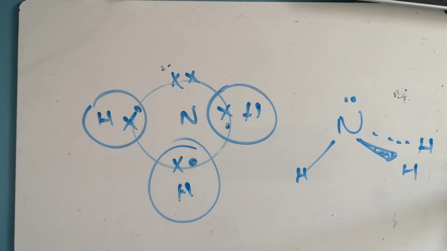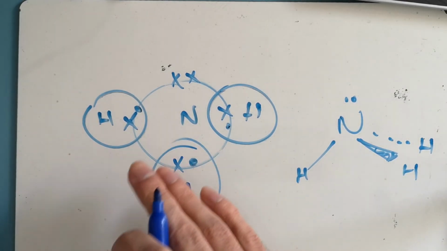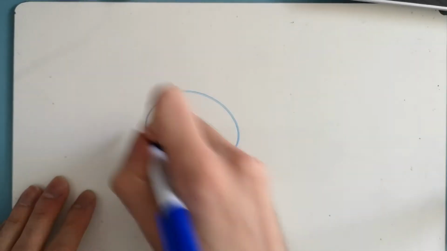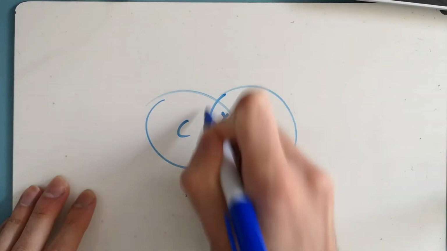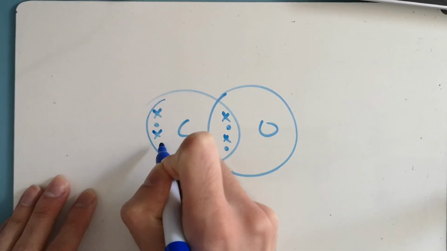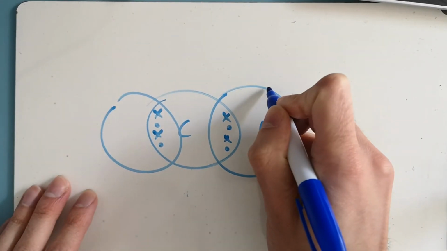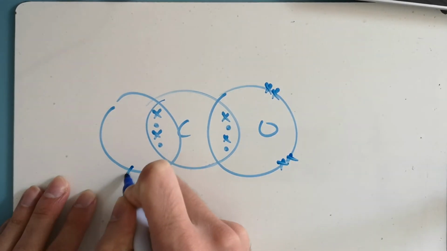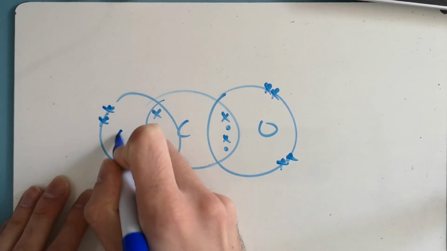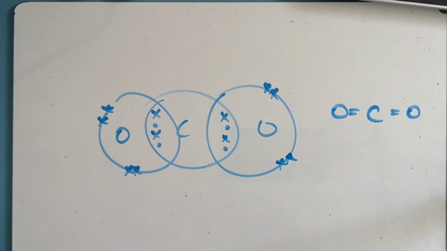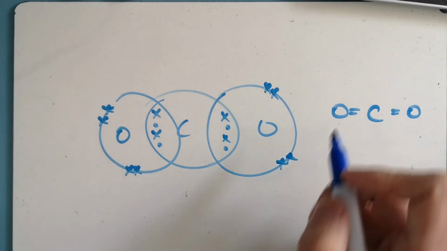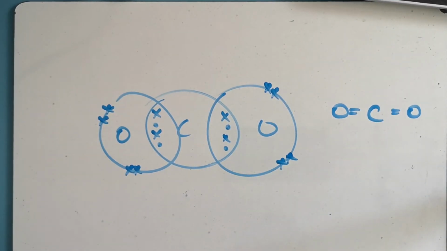B, carbon dioxide. We've got a carbon. We're going to have a double bond with an oxygen this way, and a double bond with an oxygen this way, plus the spare electrons there. So this is carbon dioxide, looks like that, and that is a nice straight line, so that's going to be linear.